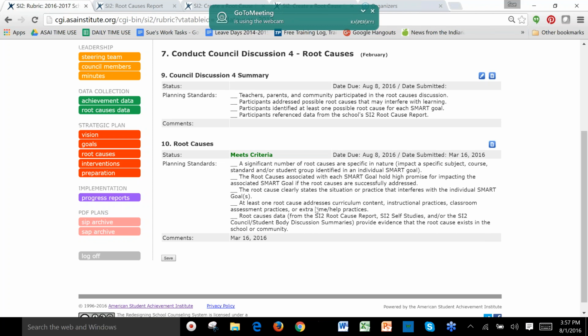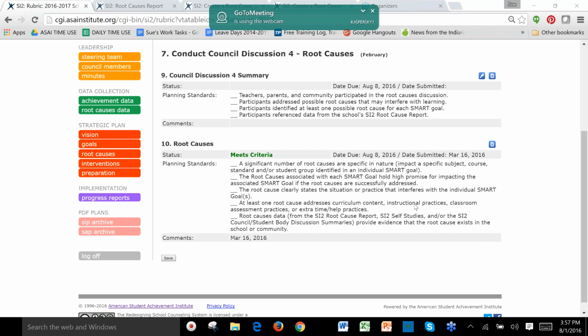At least one root cause addresses curriculum content, instructional practices, classroom assessment practices, and or extra time and extra help. These are what we call the big four, that schools that improve focus on these four areas big time: curriculum content, instruction, classroom assessment, and extra help.